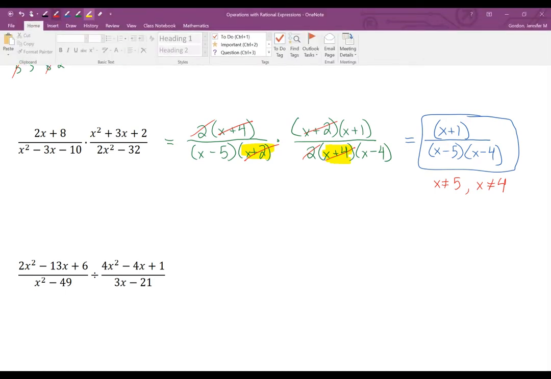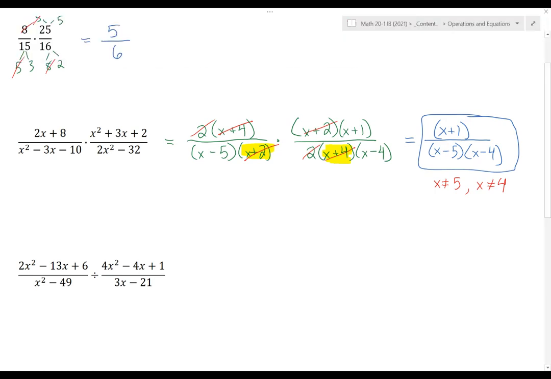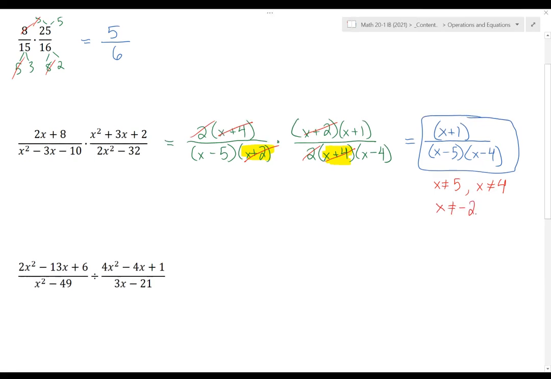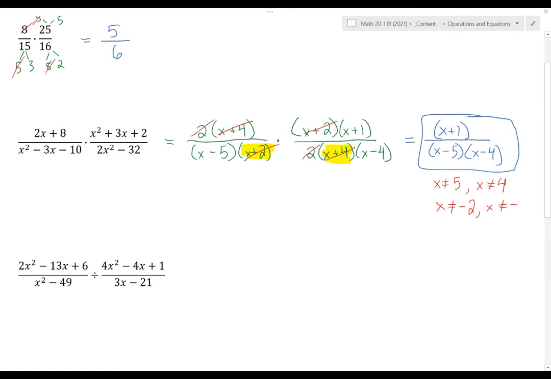So I couldn't have divided out those factors if they were 0. So that means that the restriction is still that x can't equal -2 or -4, in addition to the 2 that I noted above. So just because a factor canceled doesn't mean that that restriction or that non-permissible value goes away. We have to consider anything that was in a denominator at any point.